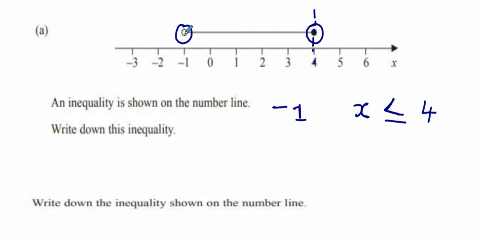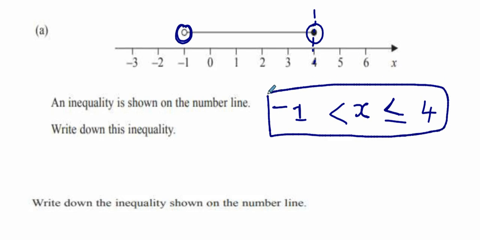Also, those numbers should be greater than negative 1. So this is the way how we show the inequality. So this inequality suggests that all the numbers which are between negative 1 and 4, but include 4, exclude -1.